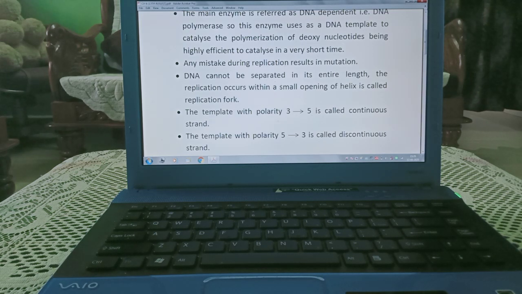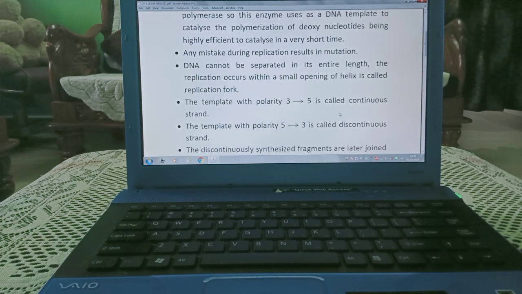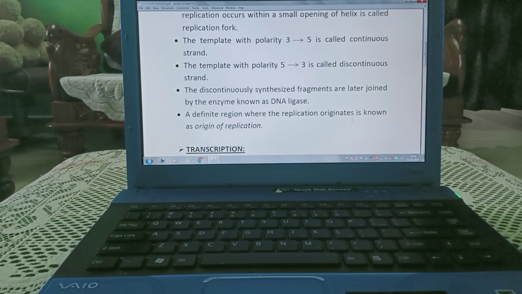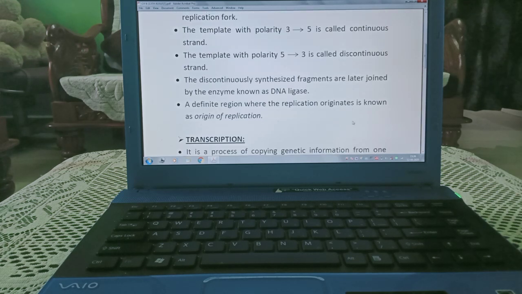Mutation, we know, means sudden changes. DNA cannot be separated in its entire length. The replication occurs within a small opening of the helix, which is known as the replication fork. The template with polarity 3' to 5' is called the continuous strand, and the template with polarity 5' to 3' is called the discontinuous strand.